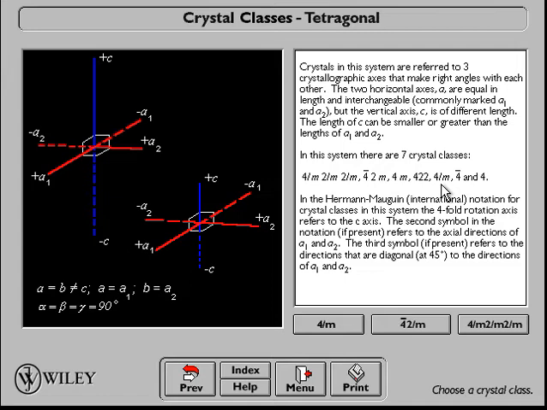The second symbol in the notation, if present, refers to the axial direction of A1 and A2. The third symbol, if present, refers to the directions that are diagonal at 45 degrees to the direction of A1 and A2.